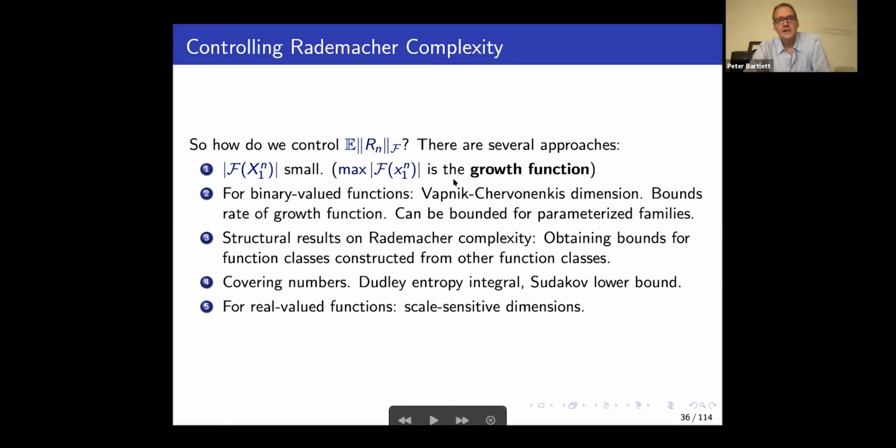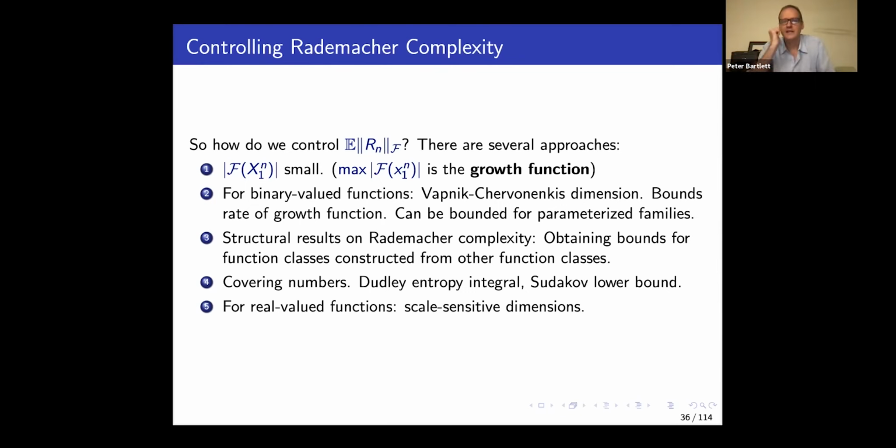We'll see that if we're in the happy situation where evaluating our function class on a finite sample leads us to something that's always a small set, when we look at those vectors of length n, we always get a small set of vectors, then that's particularly easy.